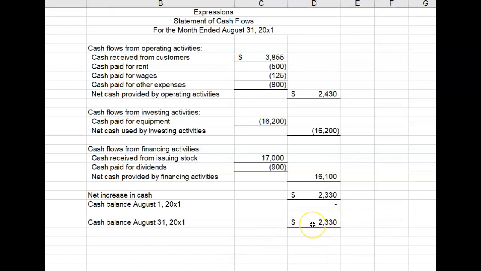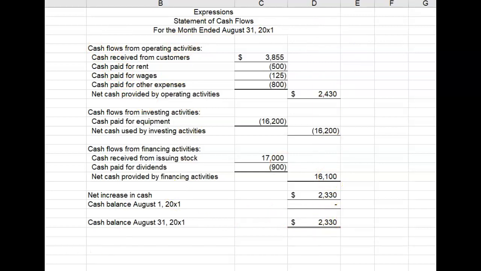The next thing we need to do is to compare the ending balance in cash off of our statement of cash flows with our ending balance sheet balance of cash to see if they're the same. And if they're not the same, then an error was made somewhere in your statement of cash flows.